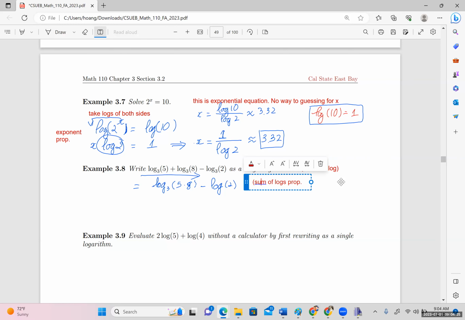Let's see to make sure. So I will have log base 3 here. And now you can simplify to log base 3 of 40 minus log base 3 of 2.